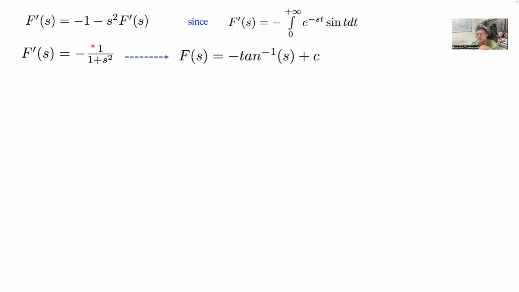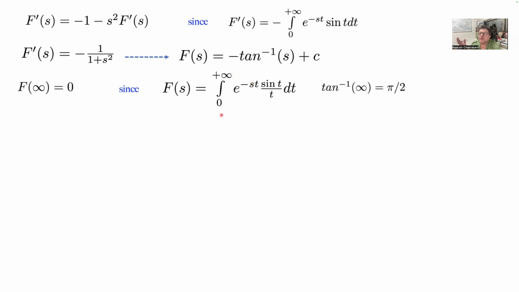And you can integrate this because this is a standard integral. When you integrate, you get minus tan inverse s, or arctan, plus a constant c. Just look at what happens when s is very large. When s is very large, your exponential term will become 0. So f of infinity is actually 0. But what happens to tan inverse of s when s goes to infinity?